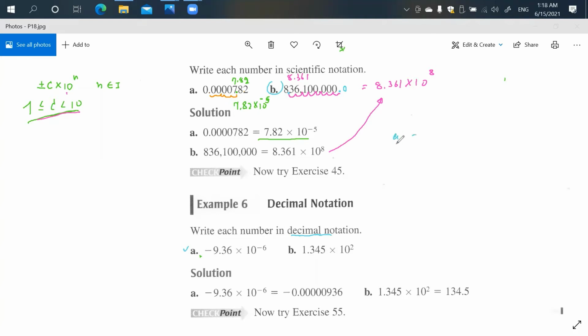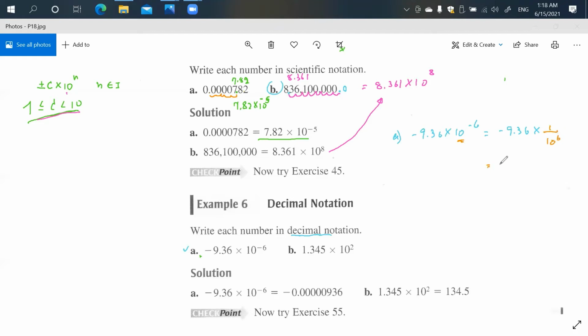We have negative 9.36 times 10 power negative 6. This one you can write down as negative 9.36 times, right? You don't forget this one. You do the exponent; remember the formula? We convert the negative, so it becomes 1, bring it down, 10 power 6, correct?